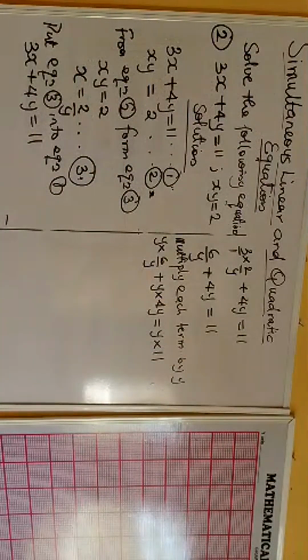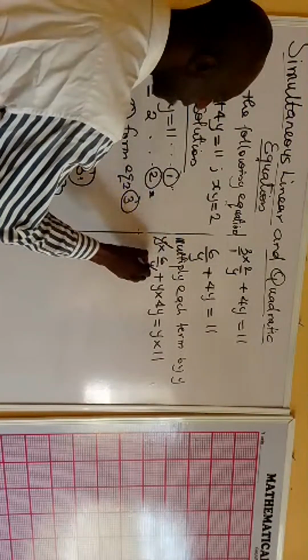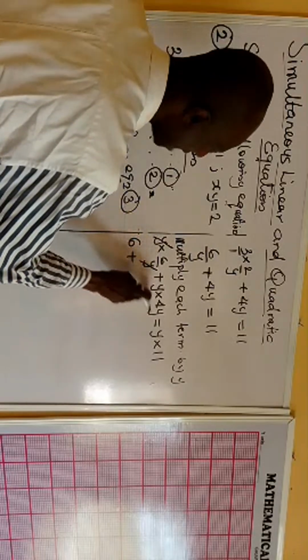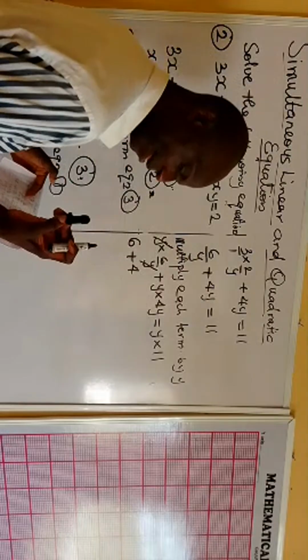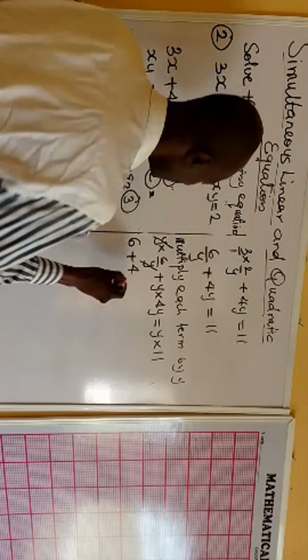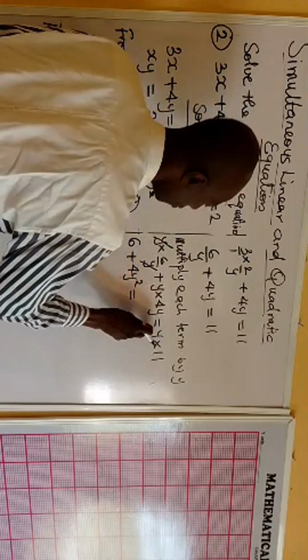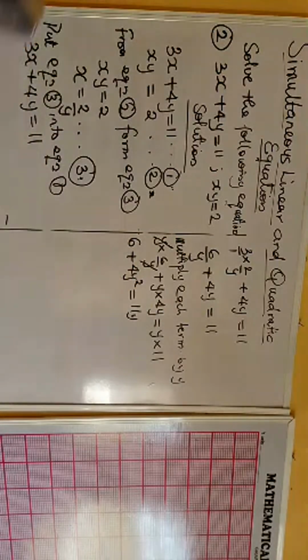I use y to multiply each of the terms. Now, this y will die with this y. So your left is 6 plus y times 4y gives us 4y squared, is equal to y times 11 gives us 11y.